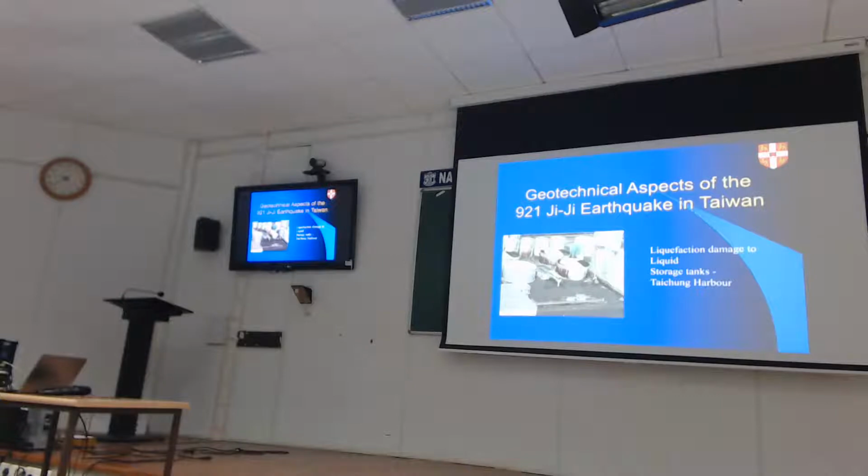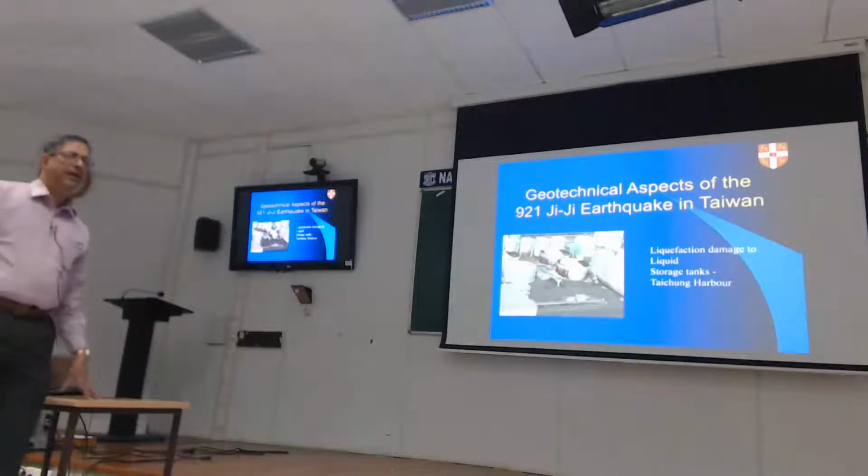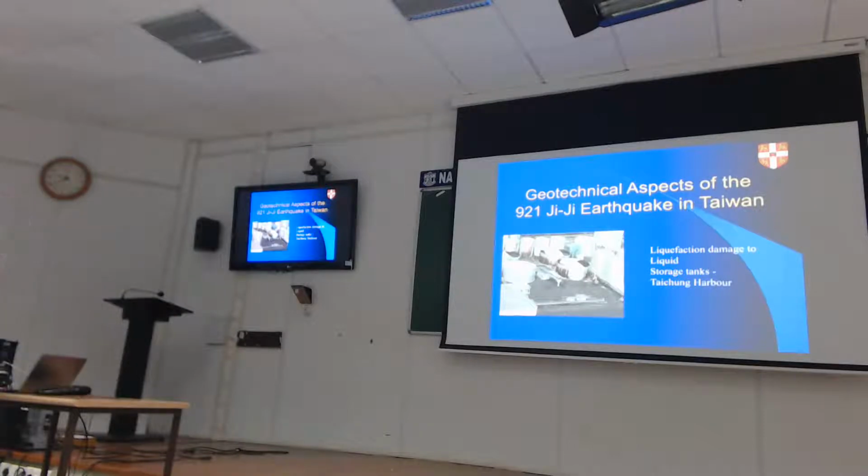And you may have seen this is another interesting problem, where these images are from Taichung harbor, but these seem to happen in almost every harbor after liquefaction, including our Kandla port, where the ground liquefies and the tanks which are holding either petroleum or any liquids tend to lose their tops.